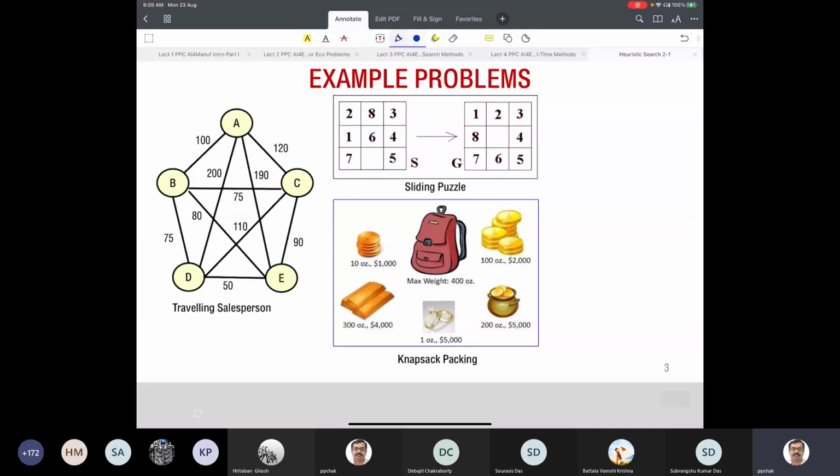We have already seen the traveling salesperson problem the other day. How many of you have played with the sliding tile problem before?